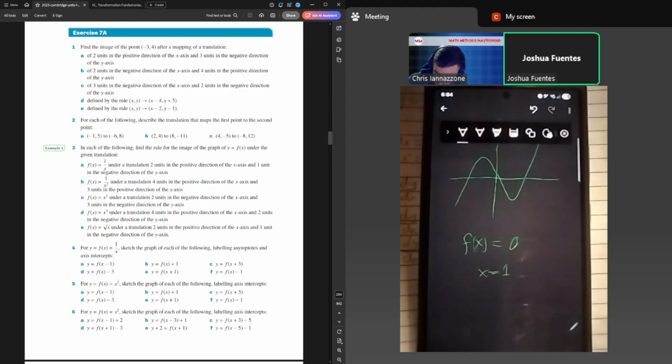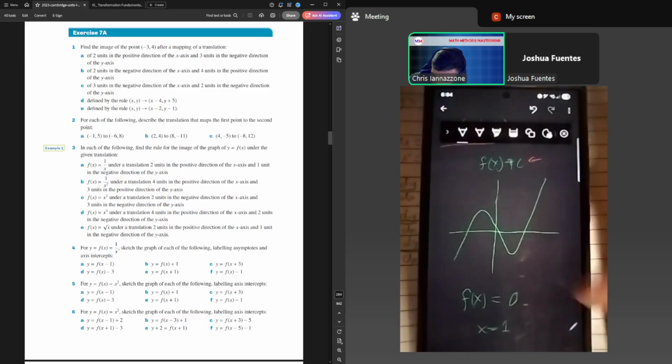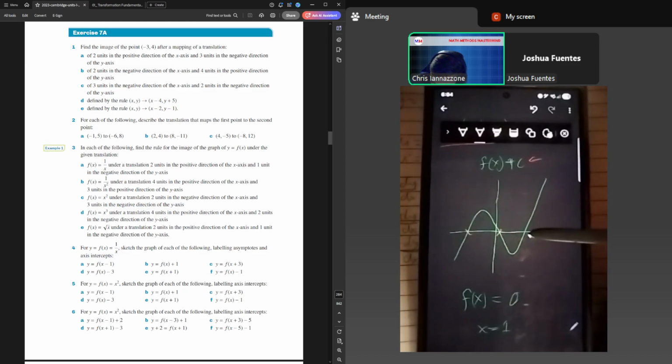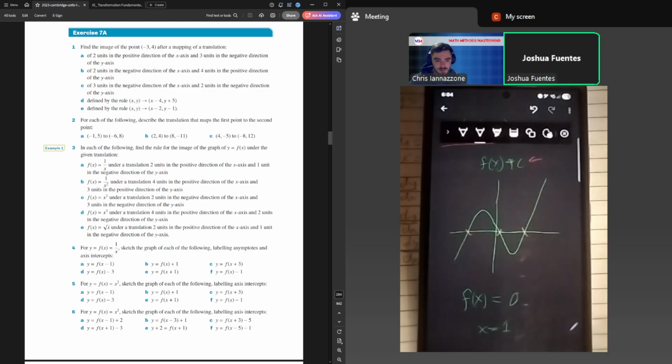So in the context of graphs, one solution just means it touches only at one point. Oh, right, okay. This one cuts at 3. Now, specifically, we're talking about the x-axis in this case.